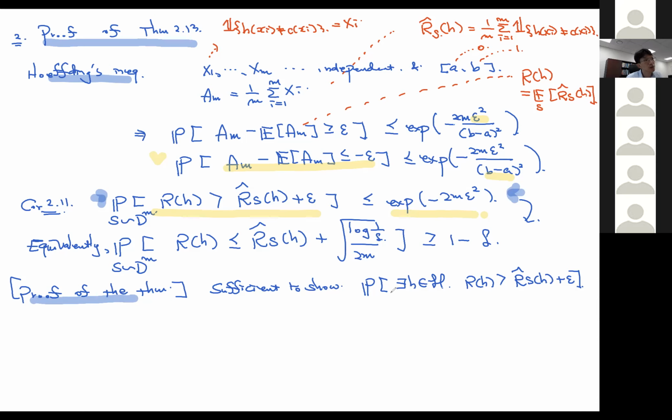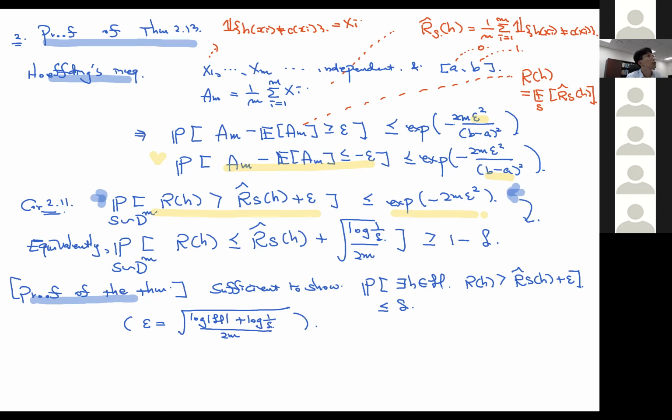But this one says the probability that there is an h that violates the bound is going to be at most delta. Then for epsilon, we are using this, which is log of the size of H plus log of 1 over delta, divided by 2n.